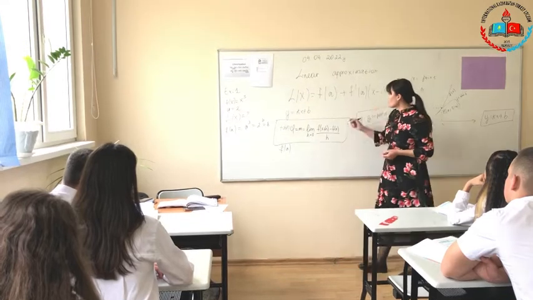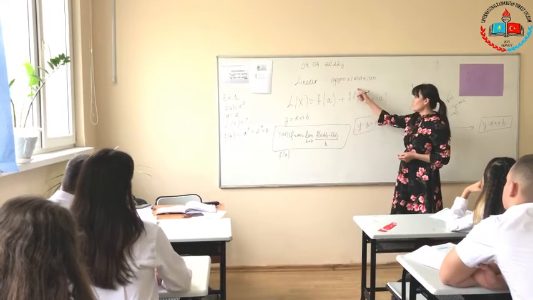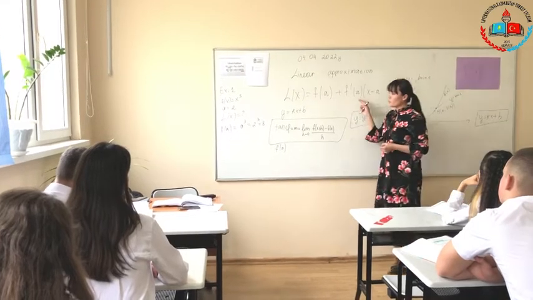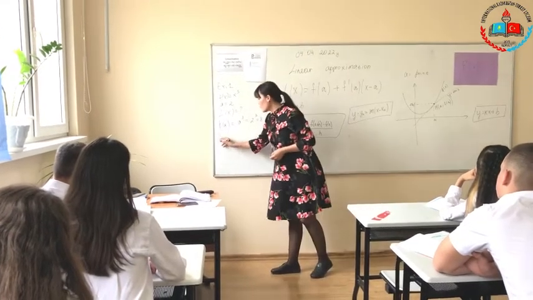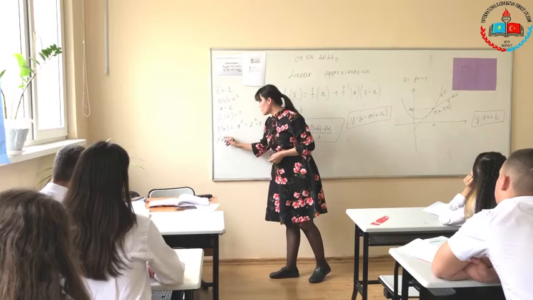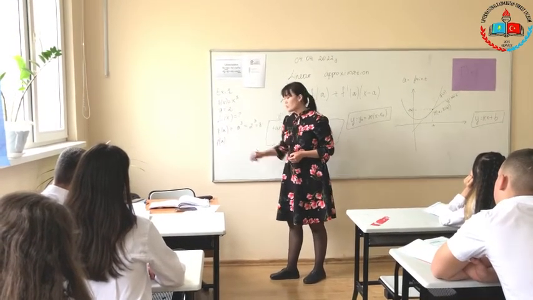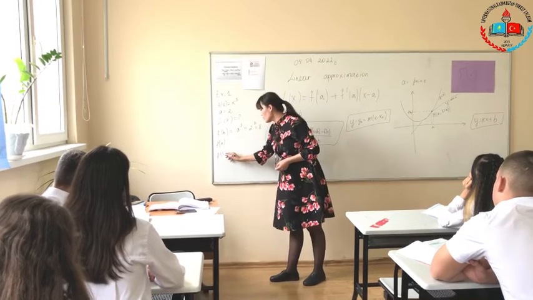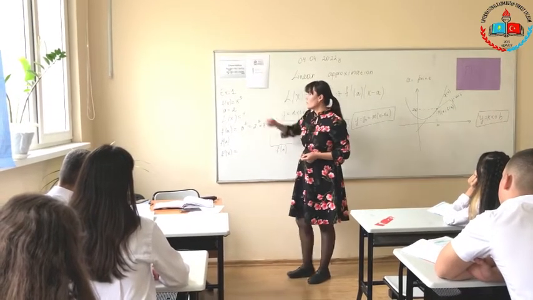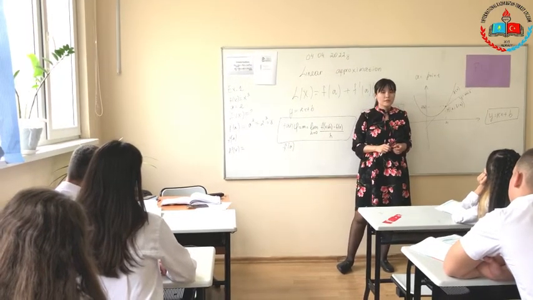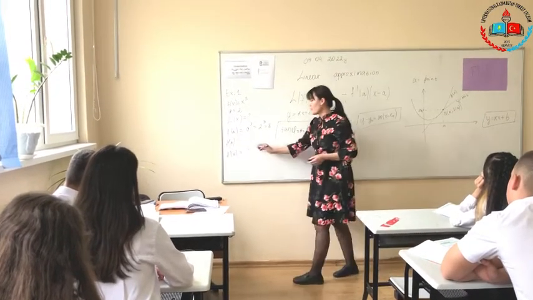So the second part of the formula is f prime of a. It's the derivative of the function at the point a. To find f prime of a, of course, we need to find what? At first, the derivative of the function. So f prime of x, if the function is x cubed, the derivative is 3x squared, right?